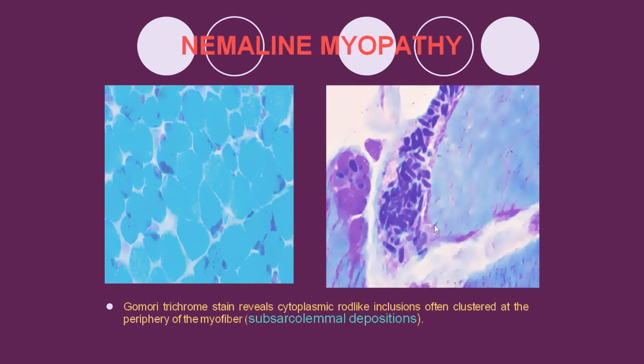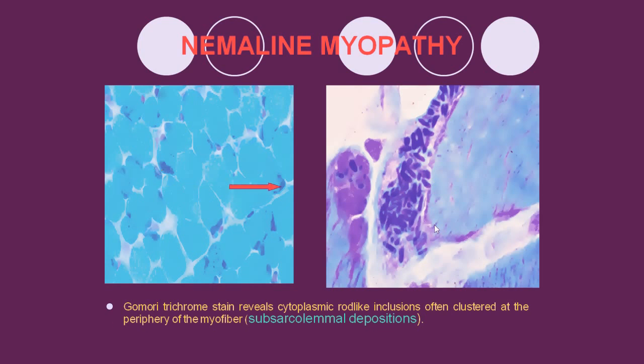These diagrams are stained with Gomori trichrome stain, revealing cytoplasmic rod-like inclusions often clustered at the periphery of the myofiber. This is the peripheral subcircular deposition of rods.